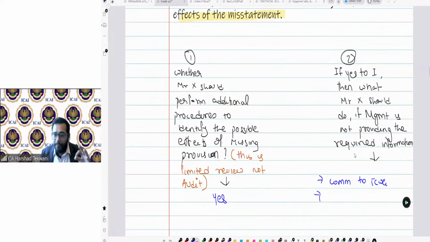Number two, if information is not available and there is a limitation on the scope, withdraw from the engagement because your precondition is not getting fulfilled.